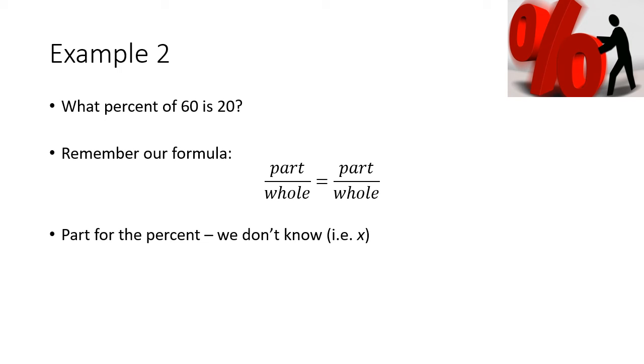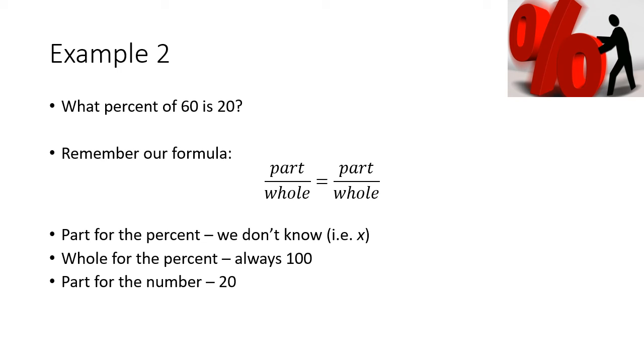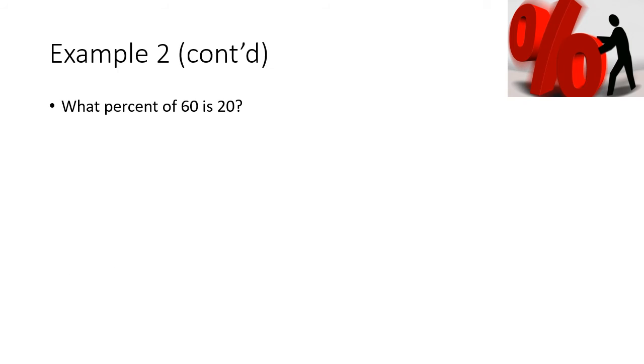The part for the percent, that's what we're trying to figure out. The whole of the percent is always 100. The part for the number, we know, is 20. And the whole for the number is 60.